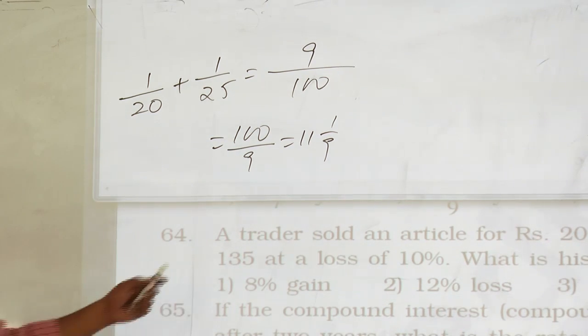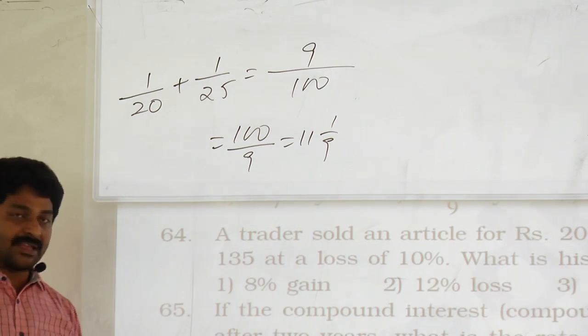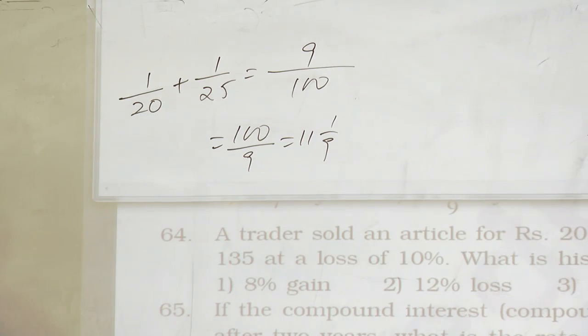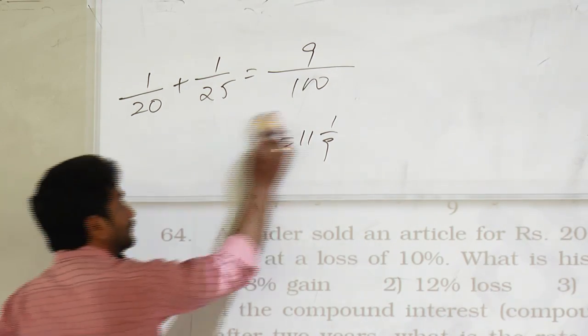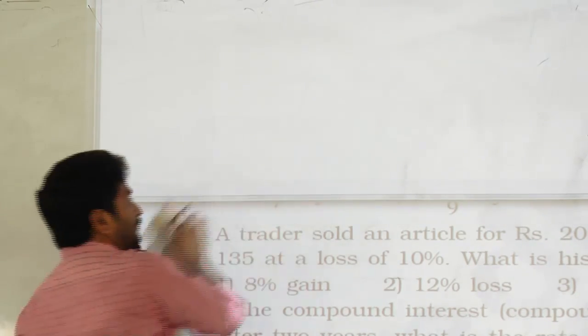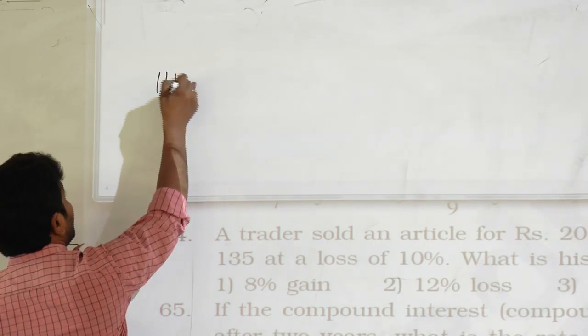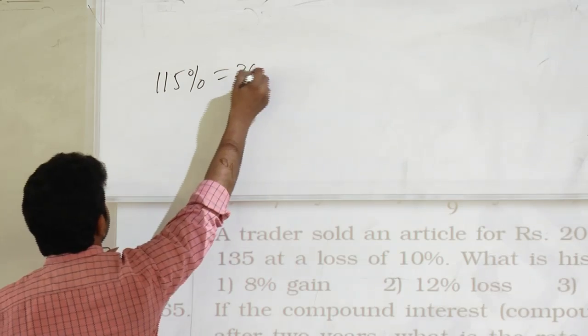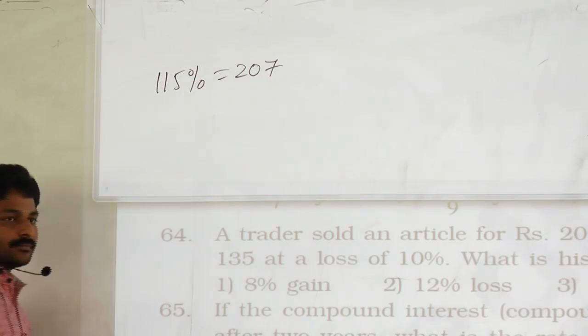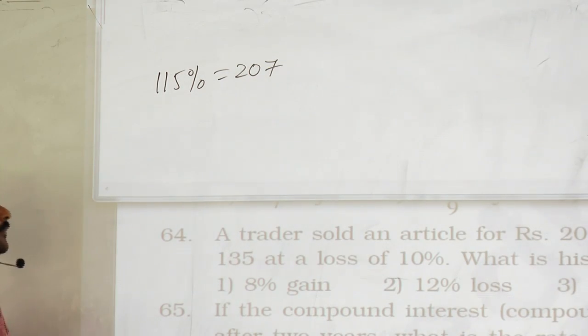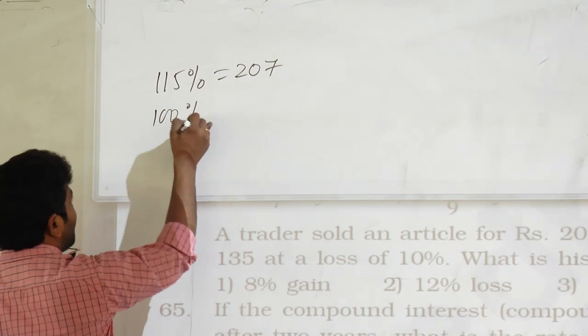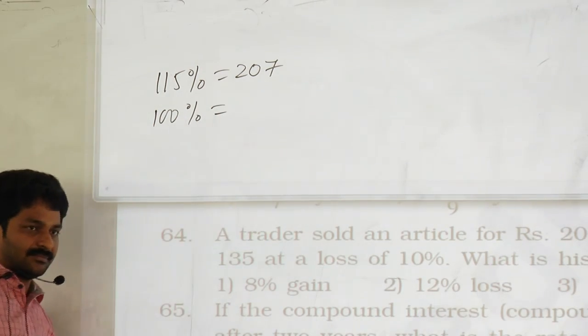When the selling price is 207, his gain is 15%. So 115% is equal to 207. When you calculate 100%, you will get the cost price of the first item.